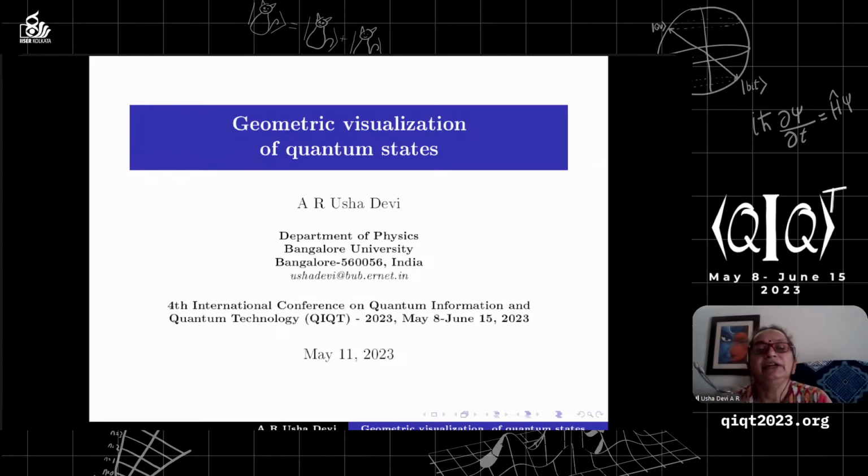I am going to talk about the role of geometric visualization, not to the extent of applications, but the kind of mathematical unraveling of the geometry of quantum states that we encounter.